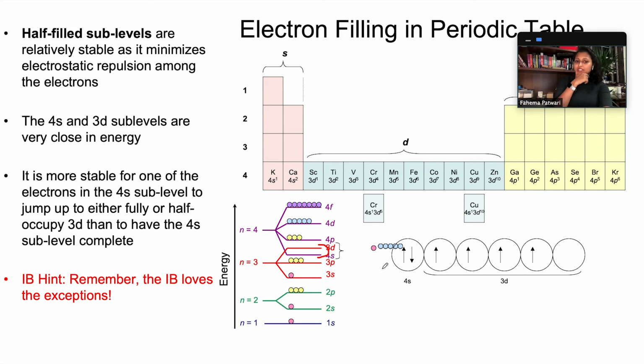So what that means is it doesn't take much for an electron to go from this 4s sublevel to 3d. So it doesn't take much energy to move, and once you've moved, you have half full sublevels, and you also don't have doubling up in 4s anymore, so electrostatic repulsion is minimized, right? Those are the factors that push for this to happen.